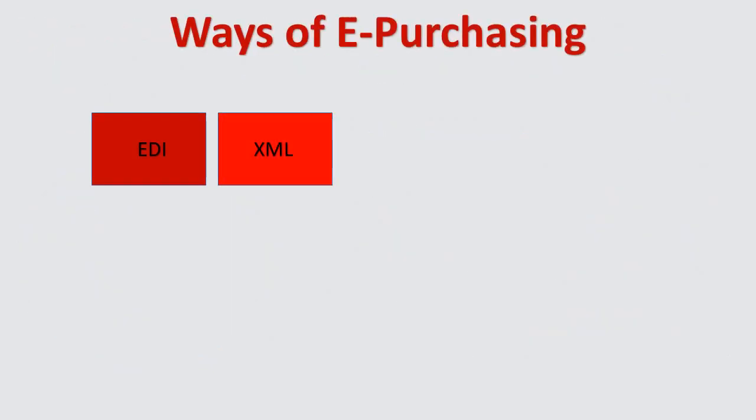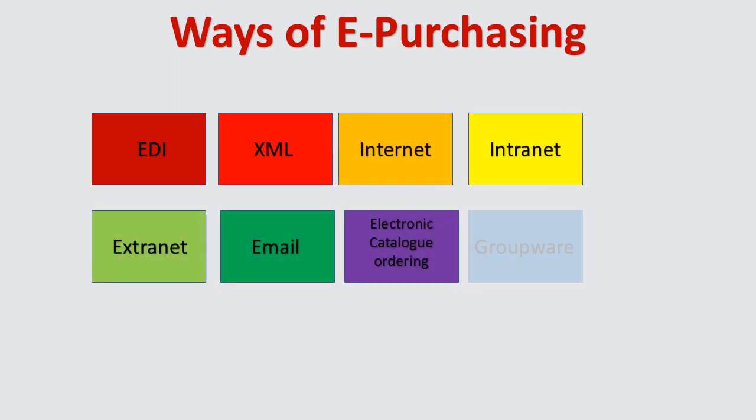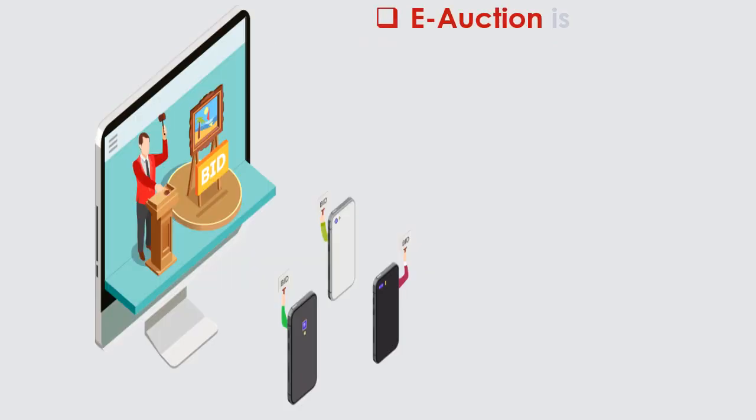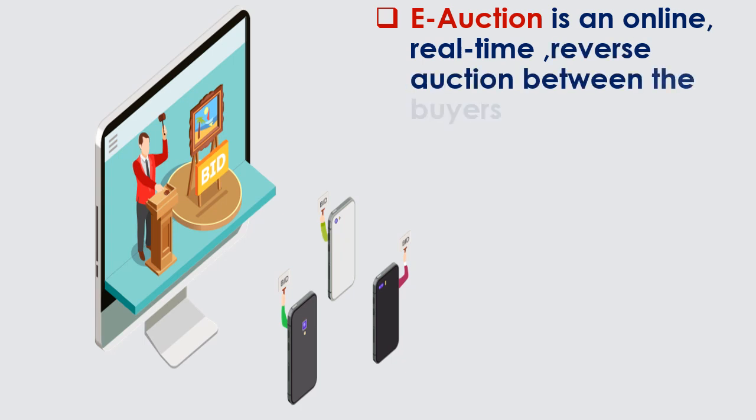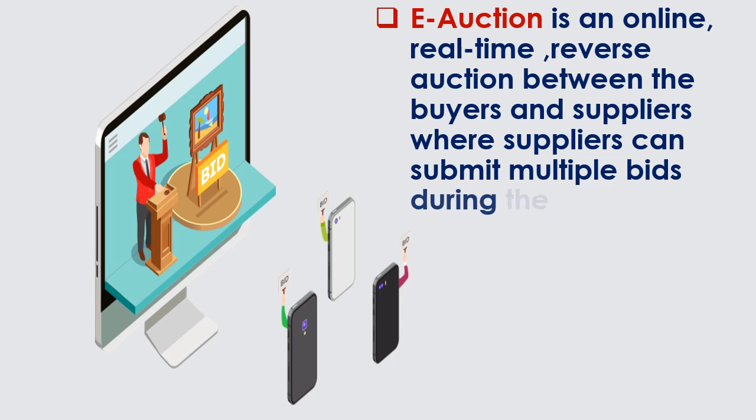Ways of e-purchasing are: EDI, XML, Internet, intranet, extranet, email, electronic catalog ordering, groupware. E-auction is an online, real-time reverse auction between the buyers and suppliers where suppliers can submit multiple bids during the time period of the auction.